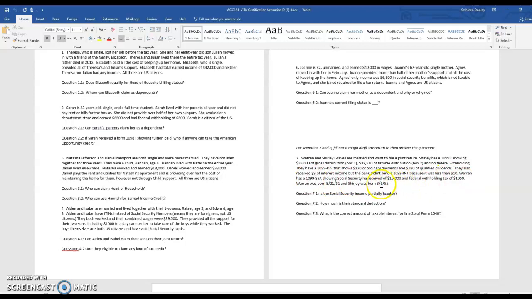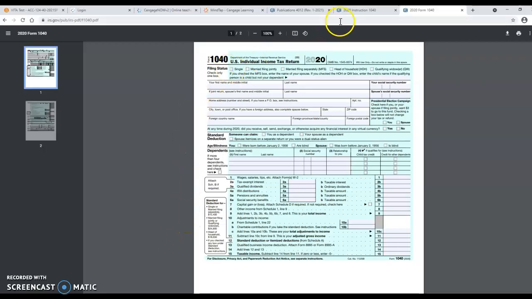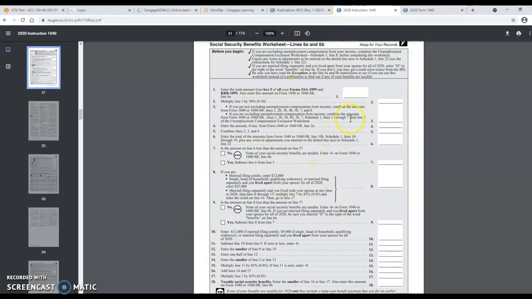And then you should be able to finish filling out the Social Security worksheet. So once you get those few numbers in there, then line 5 is, you add those up, and then you subtract out any adjustments. They didn't appear to have any adjustments. And so line 7, you get an amount. Or in line 8.